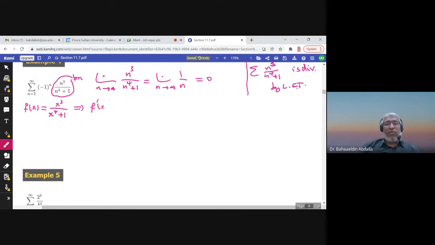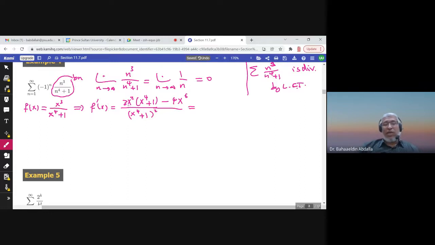So f prime of x, I'll use the quotient rule. Derivative of x cube is 3x squared, minus the derivative of x to the power 4 plus 1, which is 4x to the power 3, and I have x to the power 3 in the numerator.